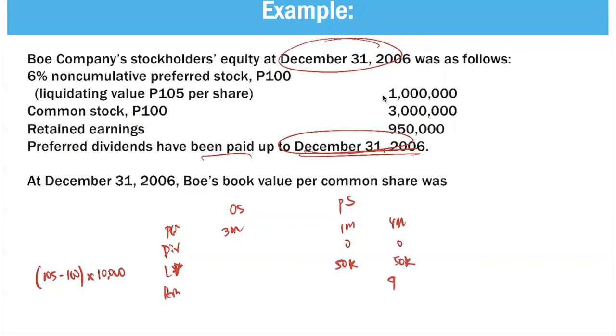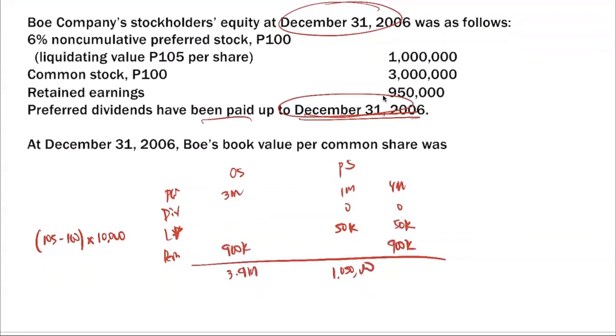So our remainder is 900,000. So we have here 3.9 million, 1,050,000. 3.9 divided by 10,000 shares, 390. So that is our book value per share for Bow Company.